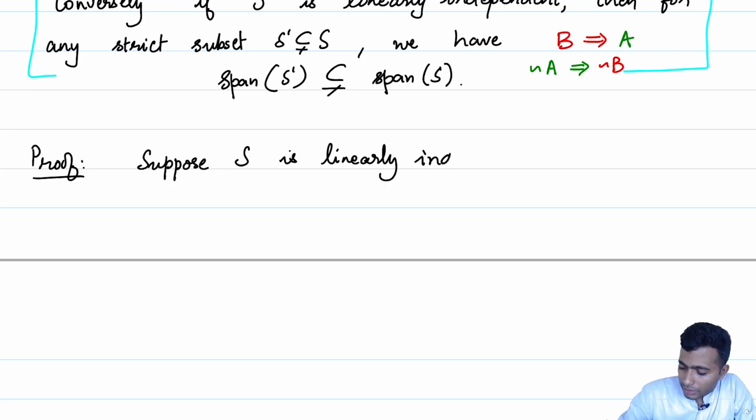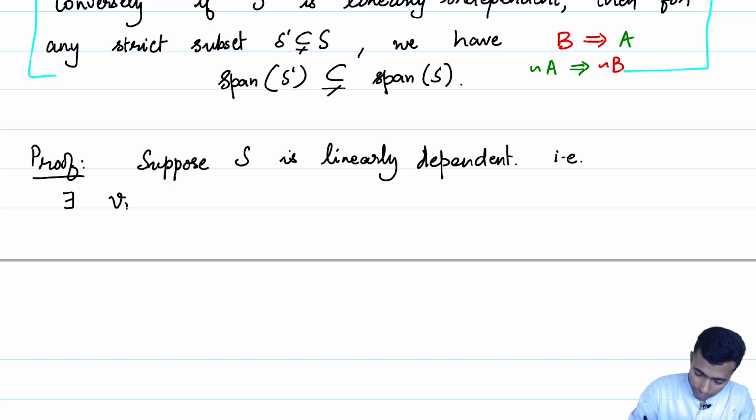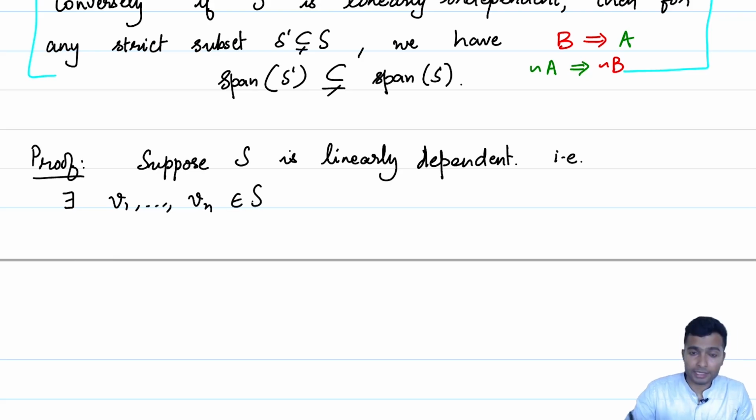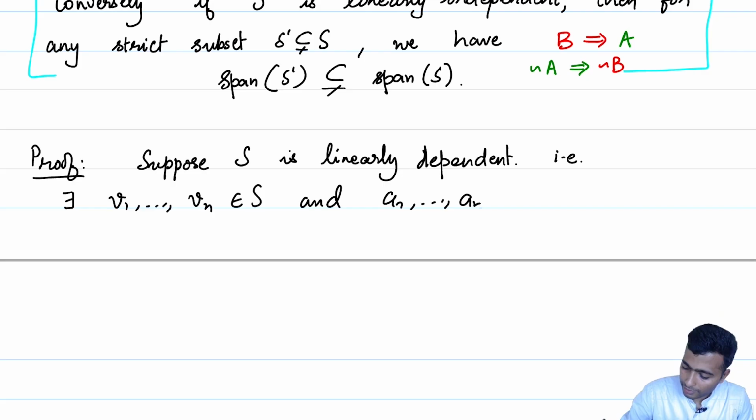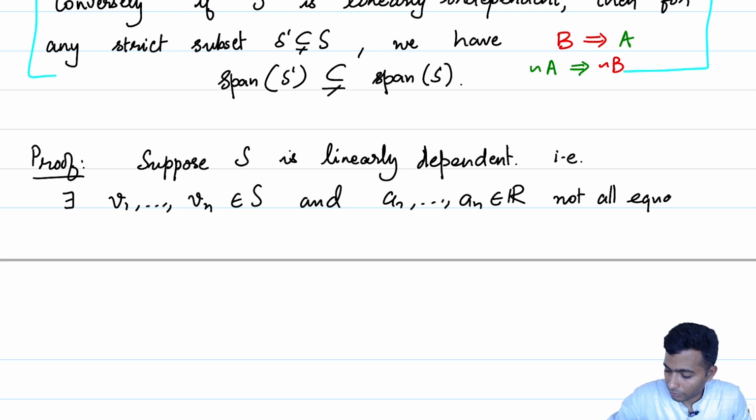What does it mean to say that a set is linearly dependent? It means that there exist finitely many vectors v1, v2 up to vn in capital S and scalars a1 to an, real numbers, not all equal to 0, there is at least one of them not equal to 0.